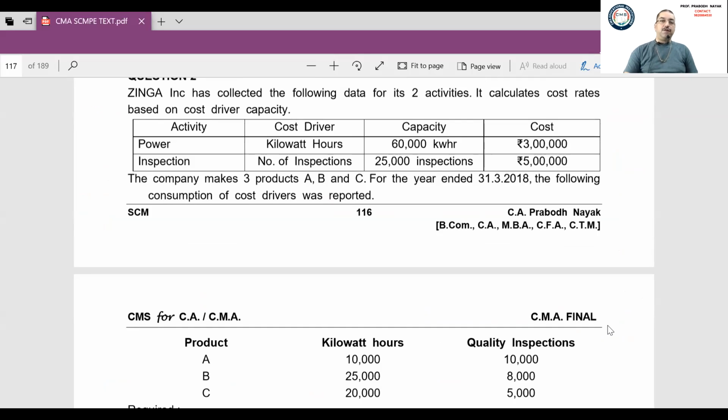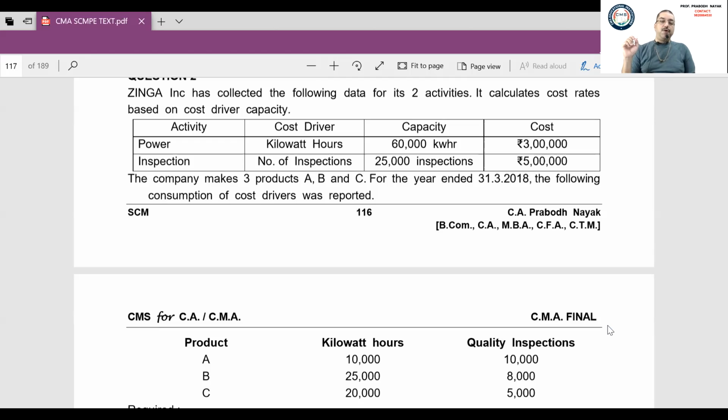It calculates the cost rates based on cost driver capacity. The 2 activities are power and inspection. Cost drivers are kilowatt hours and the number of inspections. Capacity is 60,000 kilowatt hours and 25,000 inspections. Cost is 3 lakhs and 5 lakhs.